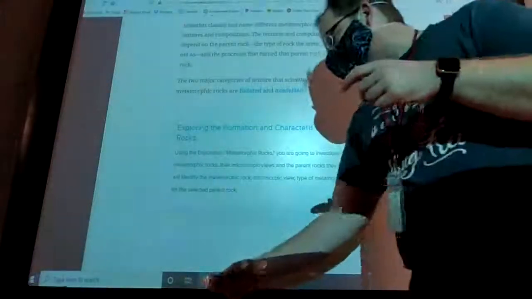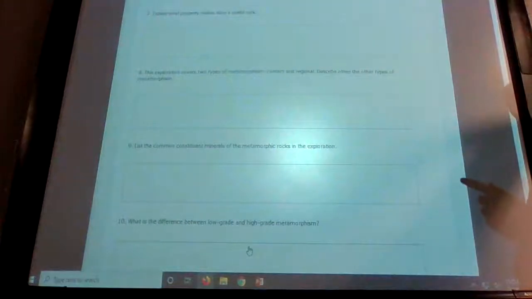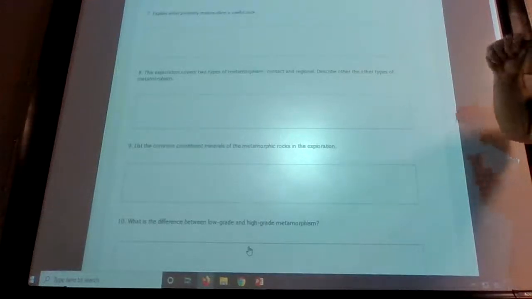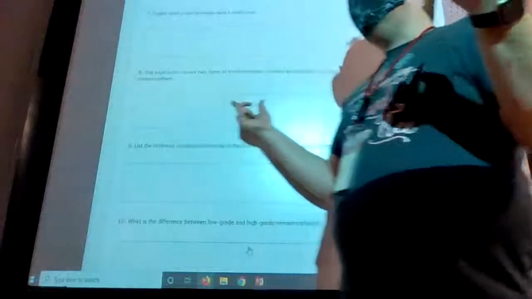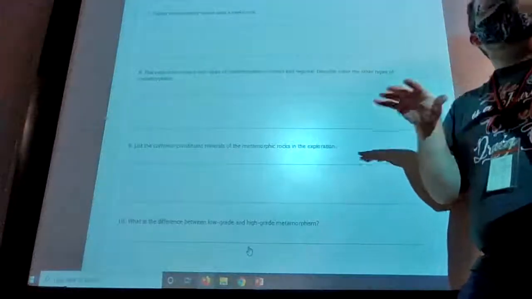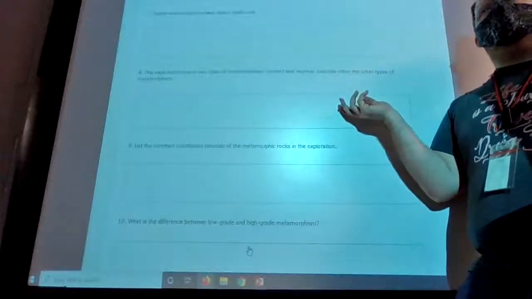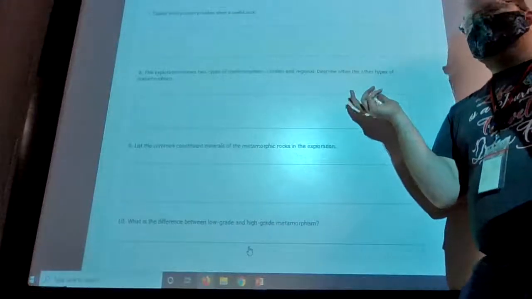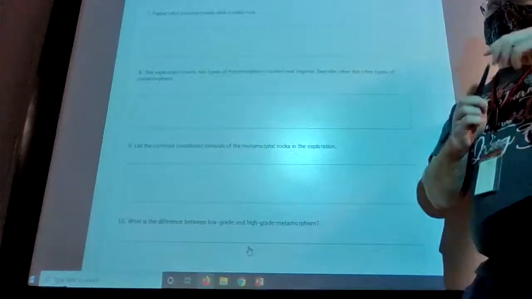Let me read the question again and see what they want. 2 types of metamorphism: contact and regional. Describe the other types of metamorphism. Yeah, that's just got to be foliated and non-foliated. So just put foliated metamorphism creates features with parallel lines, and non-foliated metamorphism doesn't create any parallel features. That's probably a good way to put it.